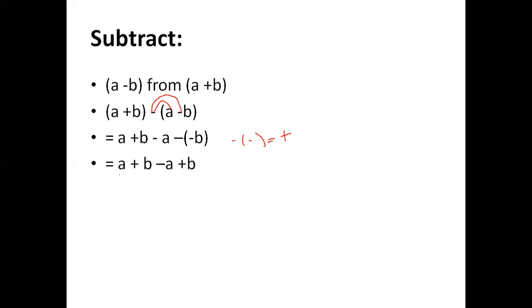Now I know children, if I have minus and if I have plus, I will get 0.